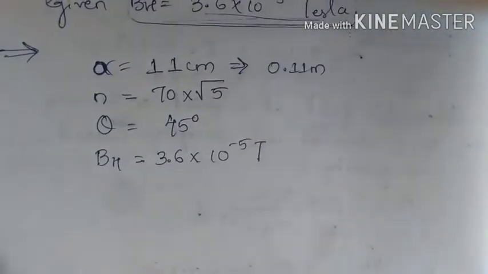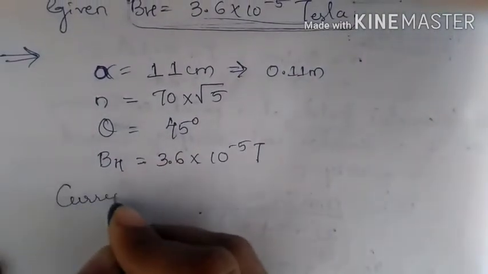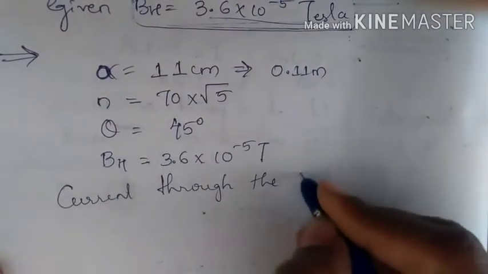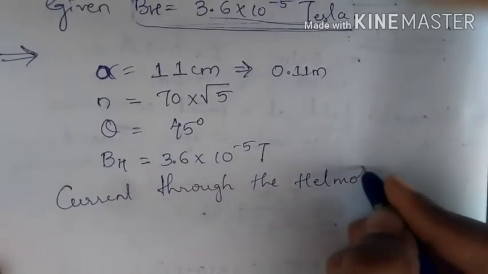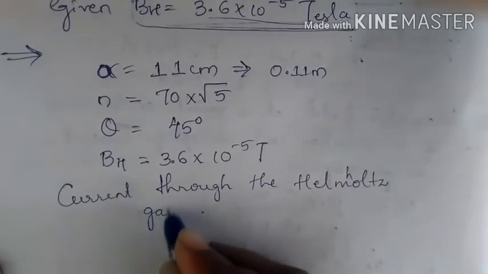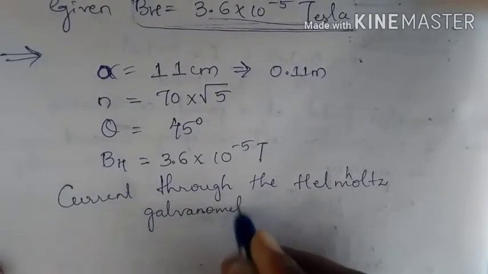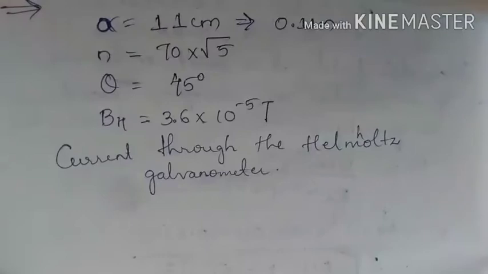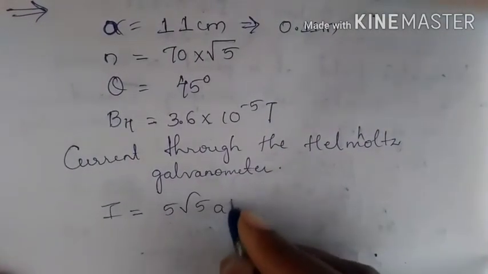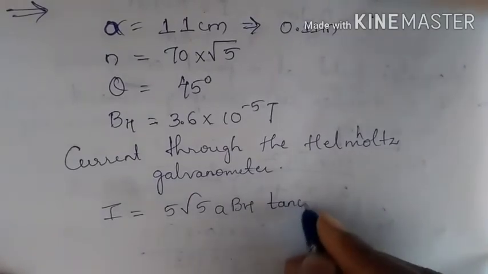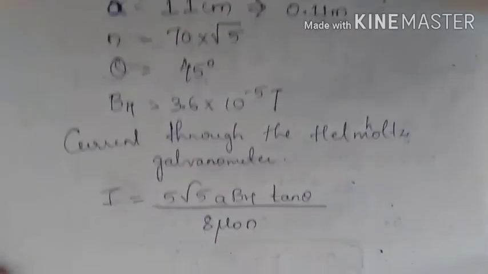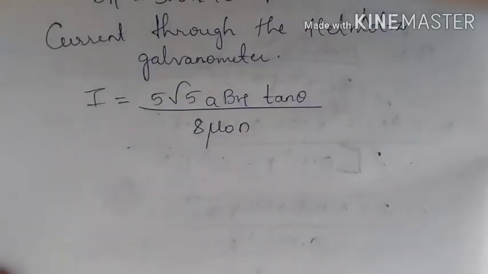So now let us use the Helmholtz galvanometer expression for current. That is I is equal to 5 root 5 A BH tan theta divided by 8 mu naught N. Clear?